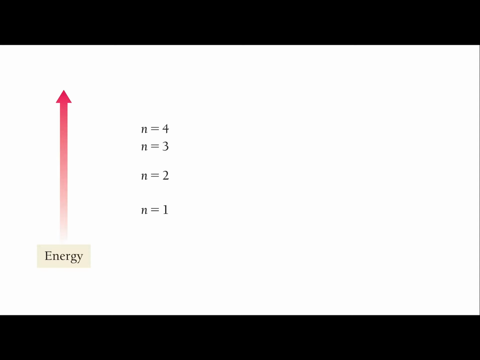So in the quantum mechanical model, a number and a letter specify an orbital. So the lowest energy orbital is going to have the lowest energy, which is n equals 1, and then it'll have the letter S. The first number is the principal quantum number.